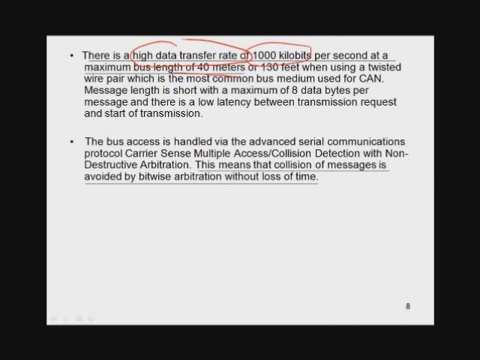The way it handles the possibility of several different nodes trying to send information at the same time is a method called carrier sense multiple access collision detection with non-destructive arbitration. That means it can check within the protocol which one of the devices ultimately has the most priority, and do that without losing any data. It can also do it without losing any time, which is very important.